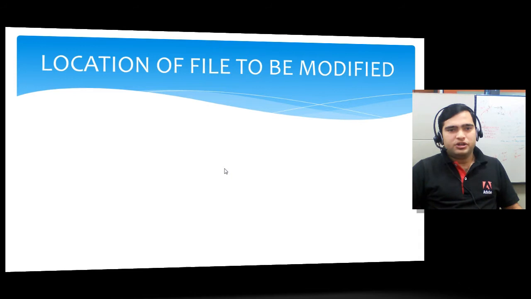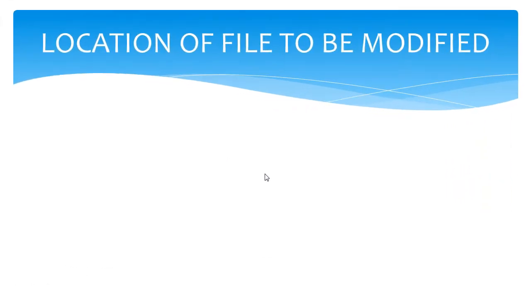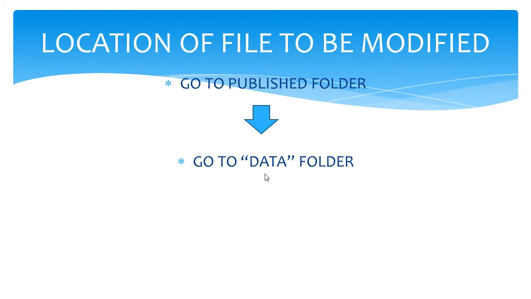As I told you, there is a file in which you need to do a small modification. Let me show you where that file is located. When you publish your Presenter content, go to the published folder, and inside that folder look for the data folder.